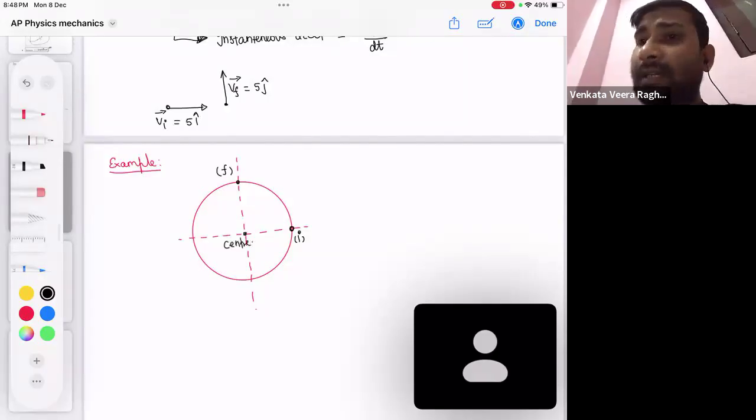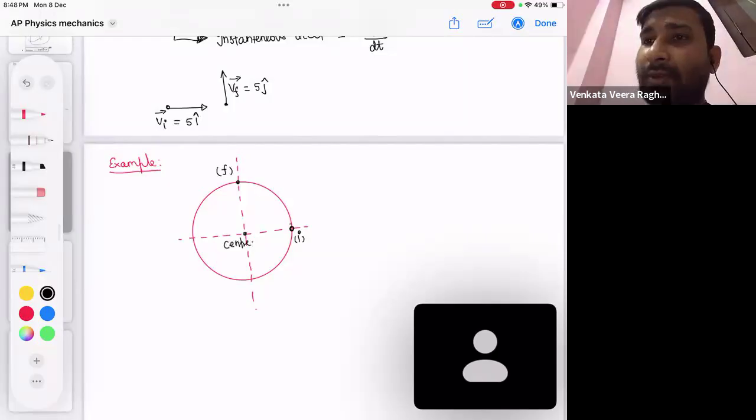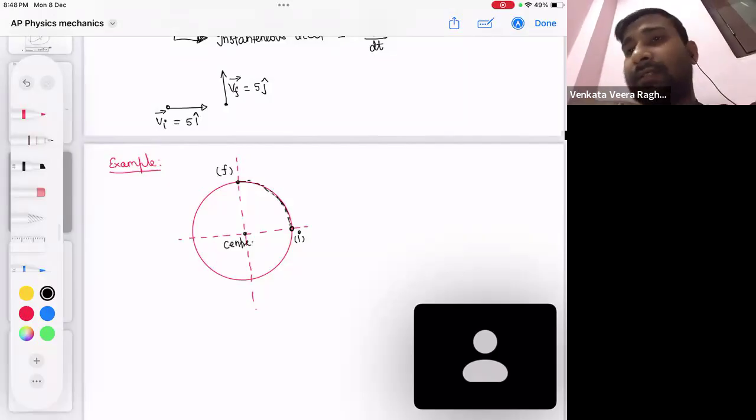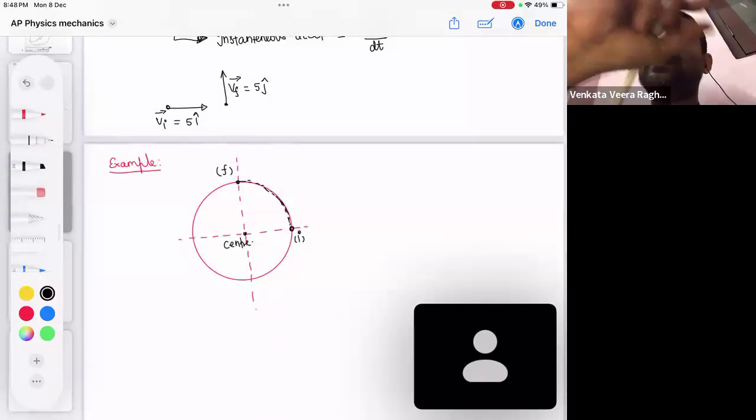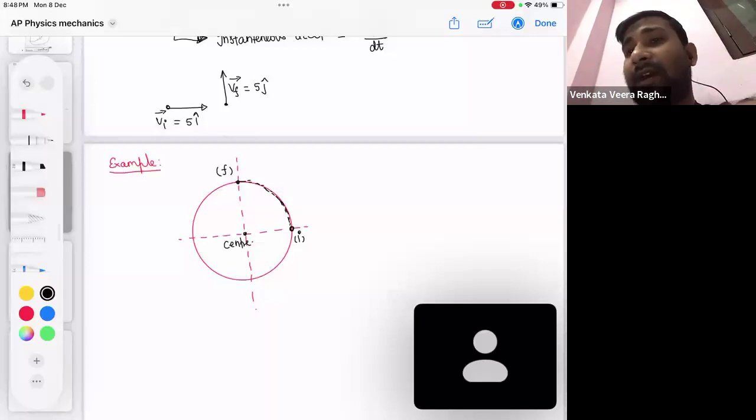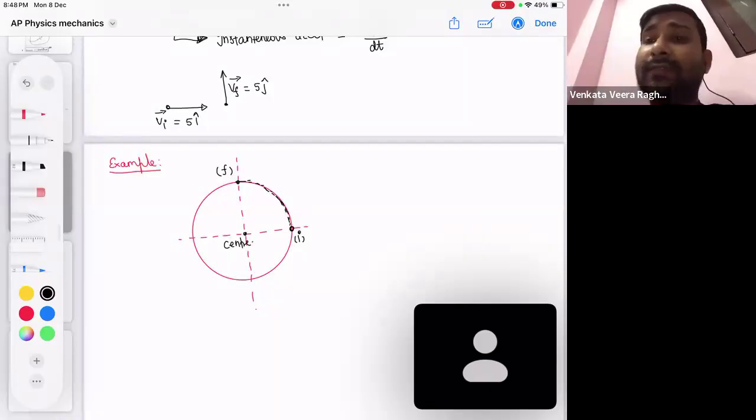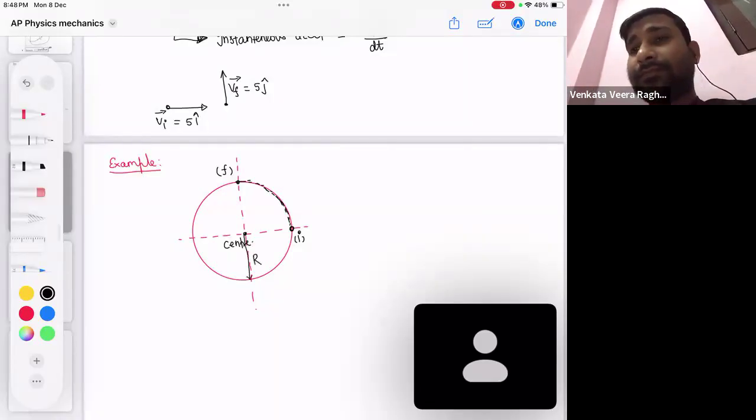The particle went along the arc of the circle, along the circumference. The radius of the circle is given to us as 5 centimeter.